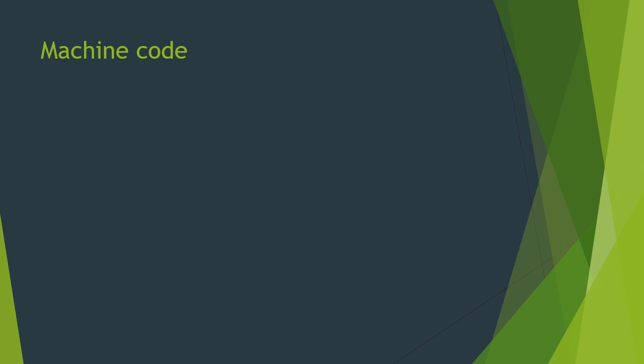So machine code then, this is not very important to know, but it's kind of good to have a small perspective over what it is. This is machine code, ones and zeros. I'm sorry, I'm kind of sick today, but we're gonna go through this anyway.